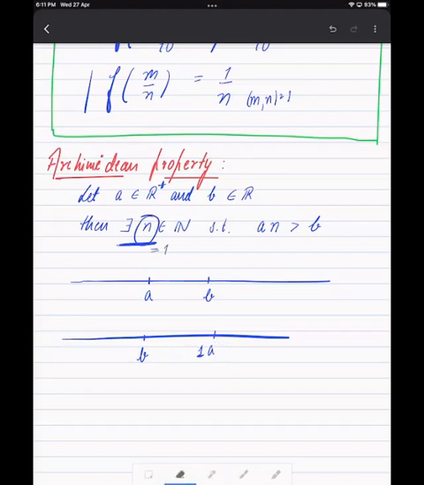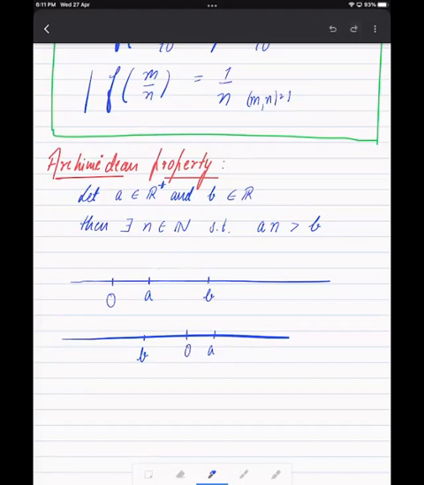Even if A is smaller, the only thing required is A has to be greater than 0, not B. So if A is greater than 0 and B is greater than A, so B is already greater than 0. Both are positive.